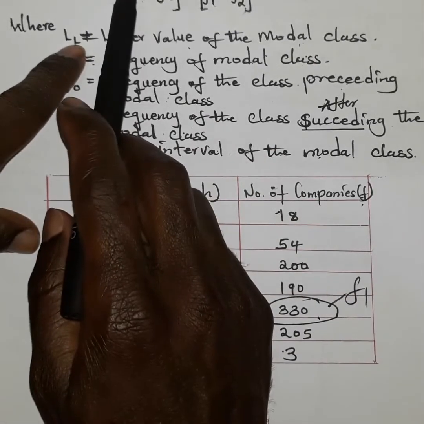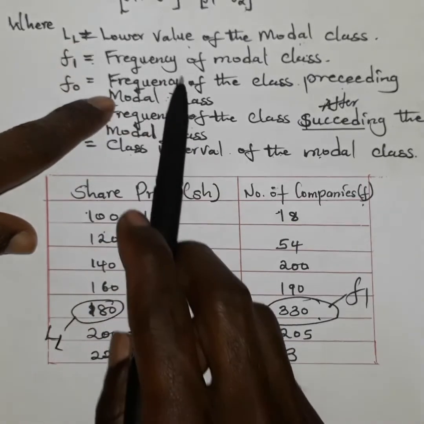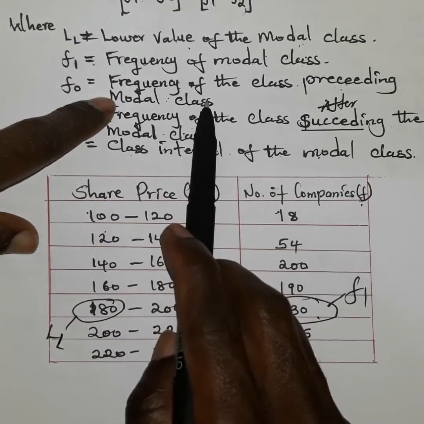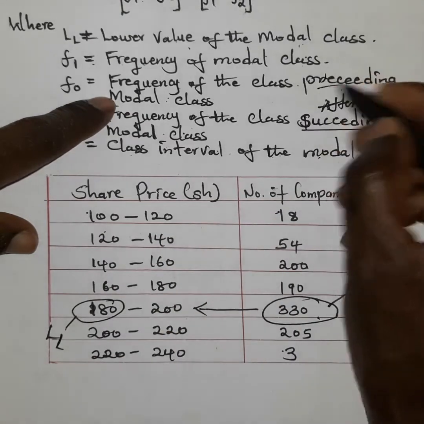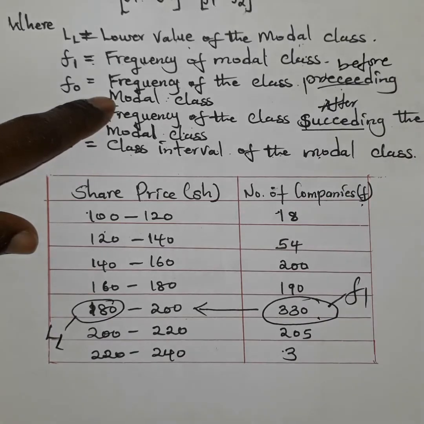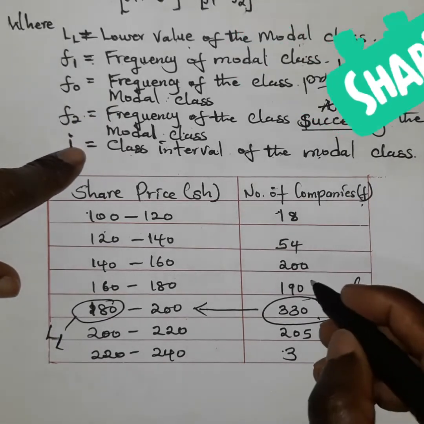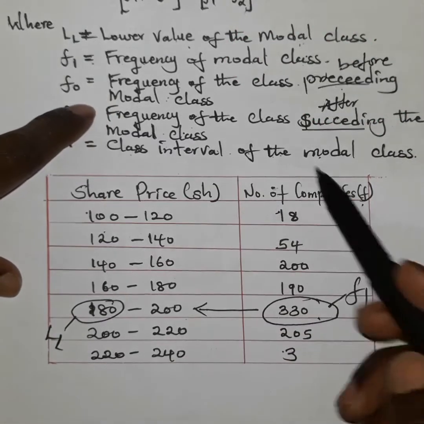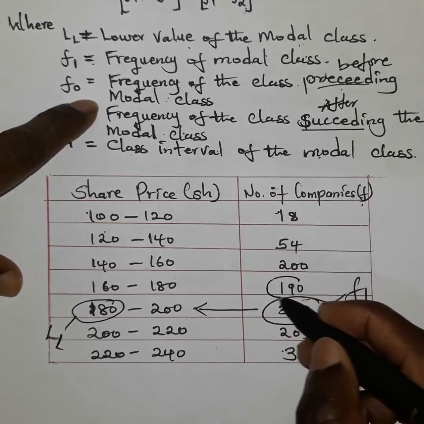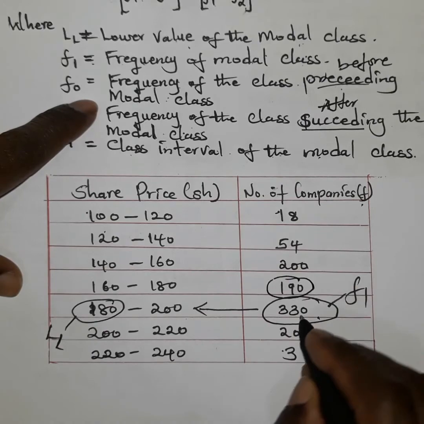We already have F1. F0 should be the frequency of the class preceding the modal class. To precede means to come before, the class that comes just before. So F0 should be 190, which comes before 330.